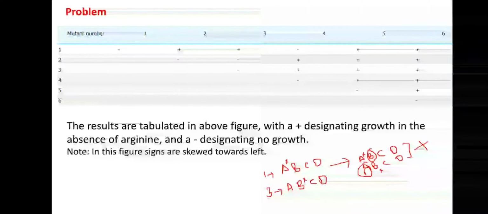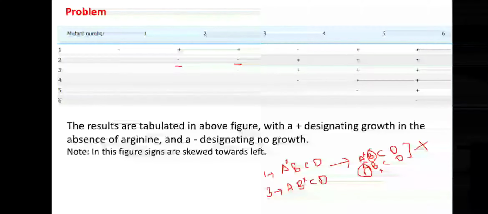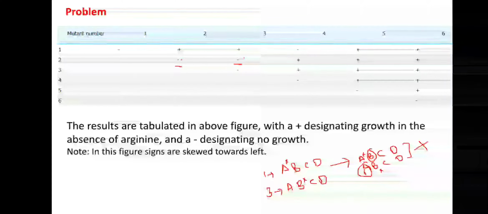So I guess this will make some sense of what I'm trying to say. Now see, when second number and third number were mated, you are getting negative. So this means that the mutation can be in the same gene.